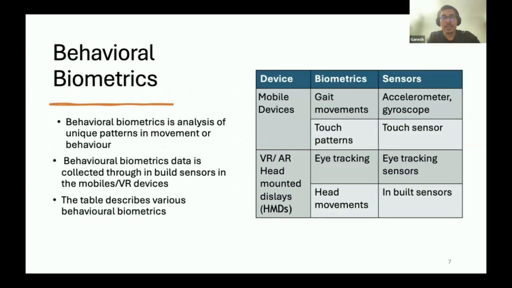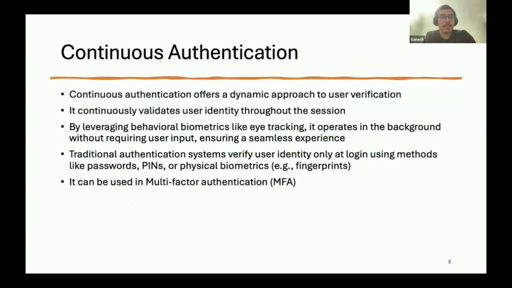As you can see on the table, these are the types of behavioral biometrics. Using mobile devices, we can track gait movements and touch patterns, and using VR headsets, we can track eye movements and head movements.